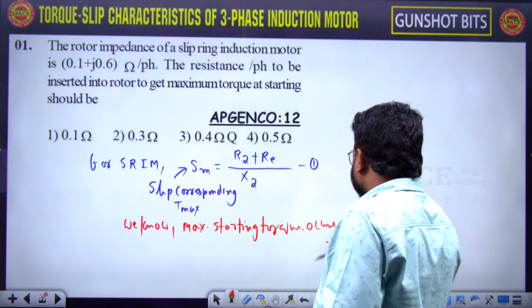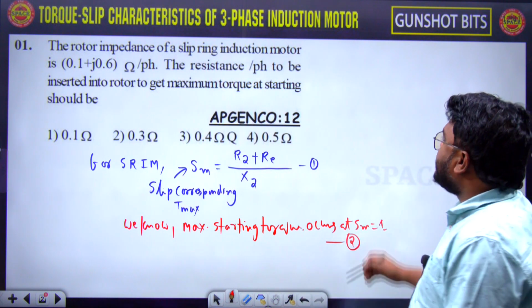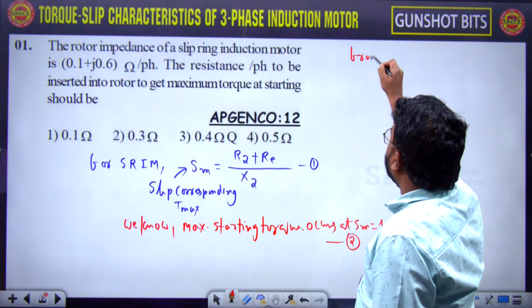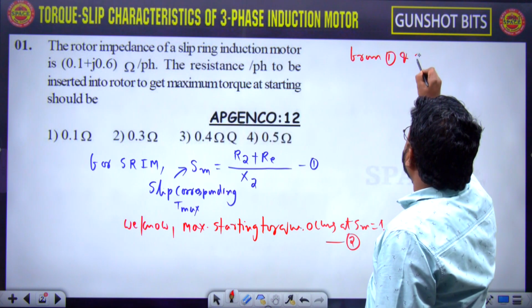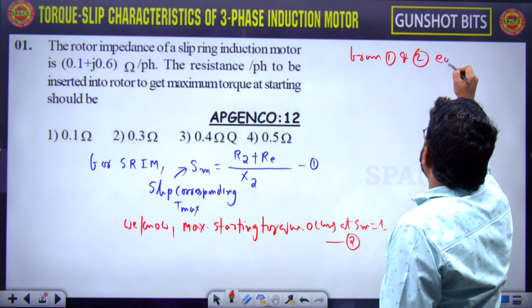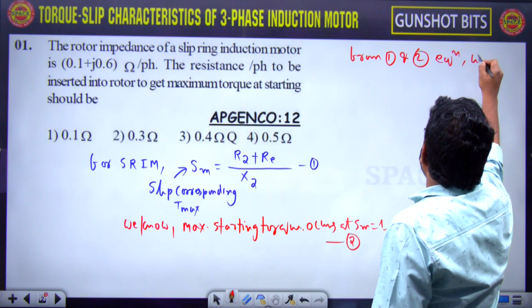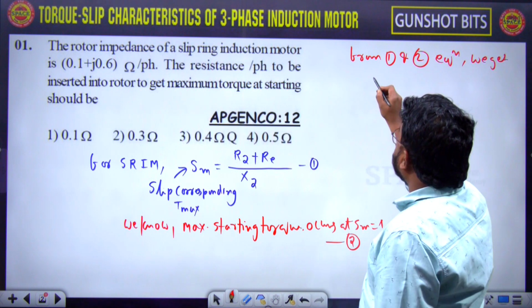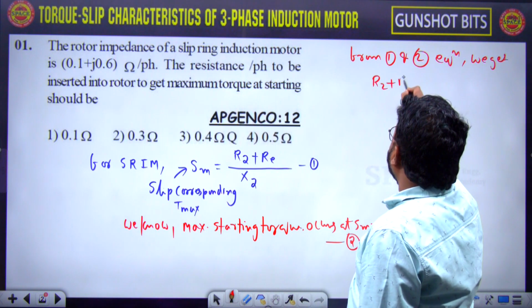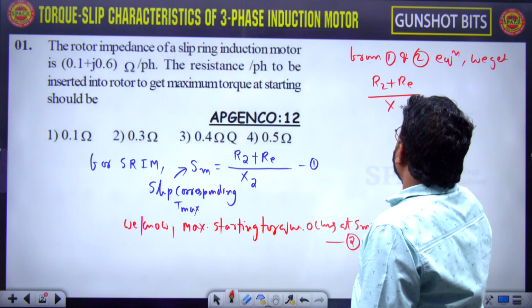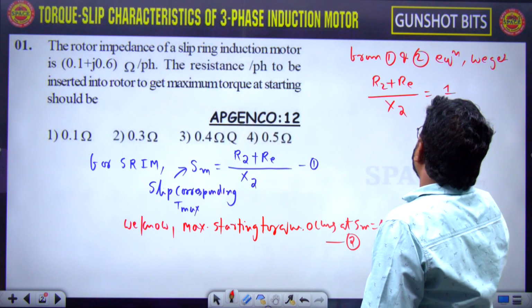Assume this is equation 2. So, from equations 1 and 2, we get (R2 + RE) divided by X2 equal to 1.